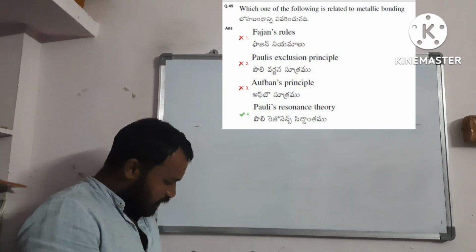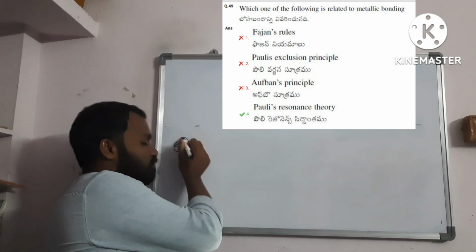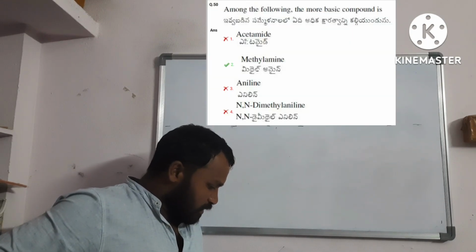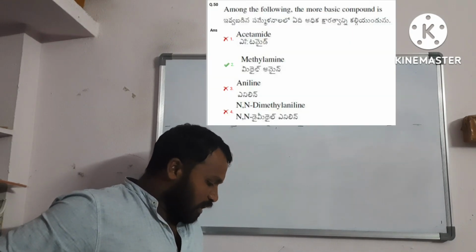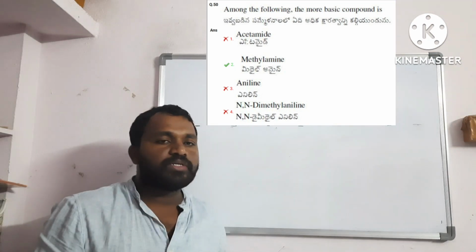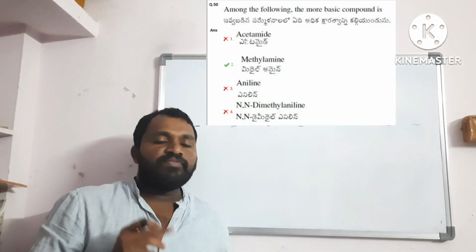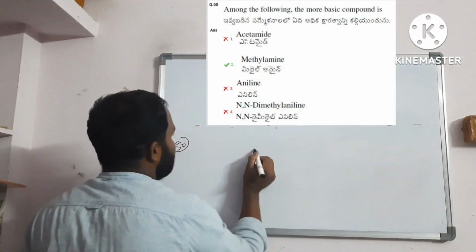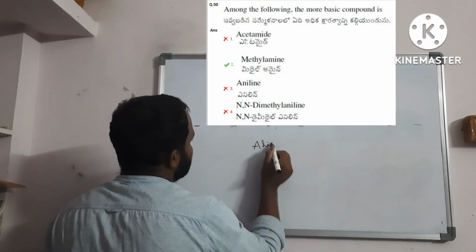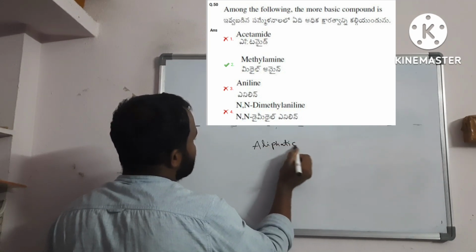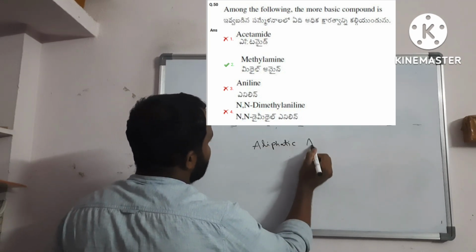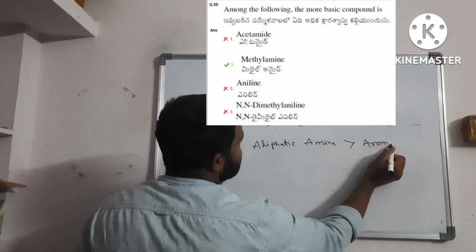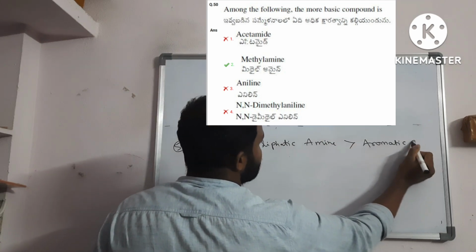Next, question number 50. Among the following, the more basic compound is what? Generally you should remember that aliphatic amines are more basic than aromatic amines, very important.